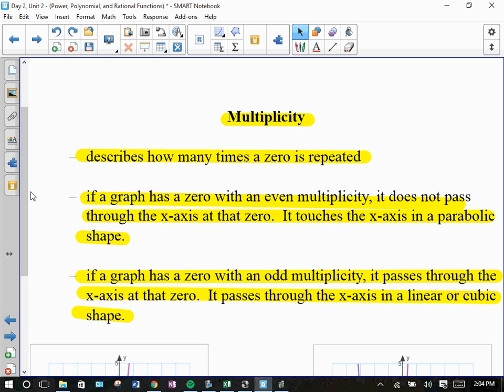It's going to look like a U. It can be a U that's upright or a U that's upside down. And if a zero has an even multiplicity, like 2, 4, 6, it does not pass through the x-axis.